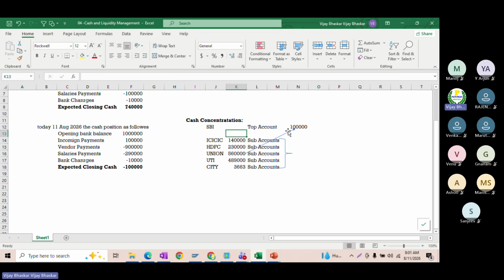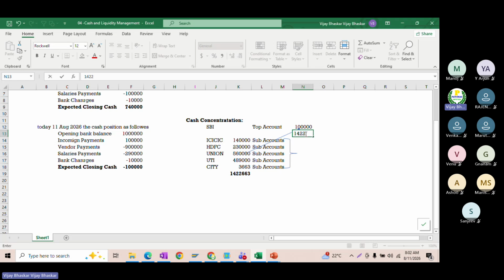So if you look at these balances, they will all automatically become zero by end of the day, and the 14 lakhs 22,663 will be reflected here. By seeing this, the management will take a decision.